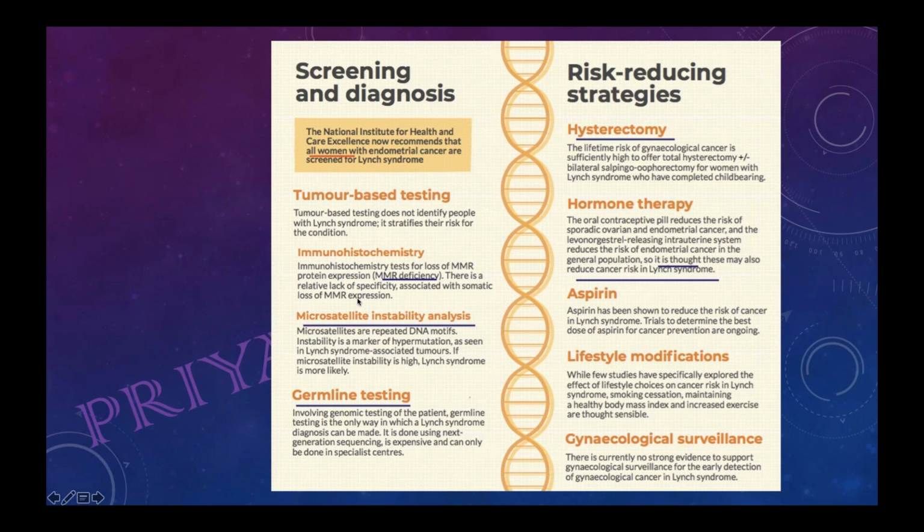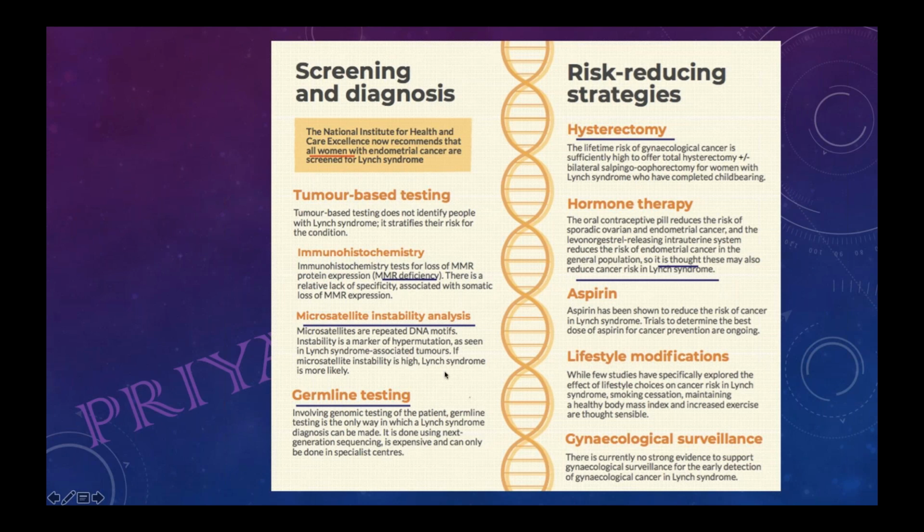This much is difficult to understand. If you could remember these three lines, it will be helpful, because we have very little idea about this pathology. So just remember these are tumor-based testing: immunohistochemistry to detect MMR deficiency. This much knowledge is enough.